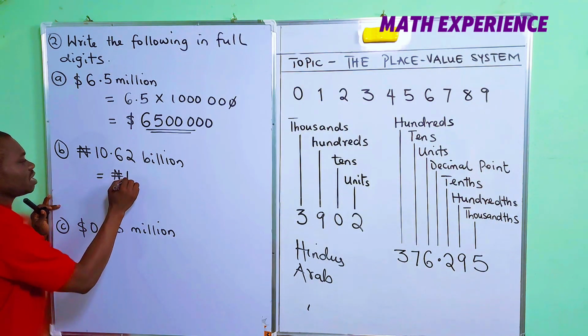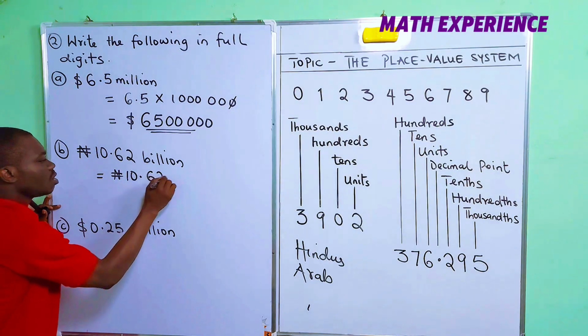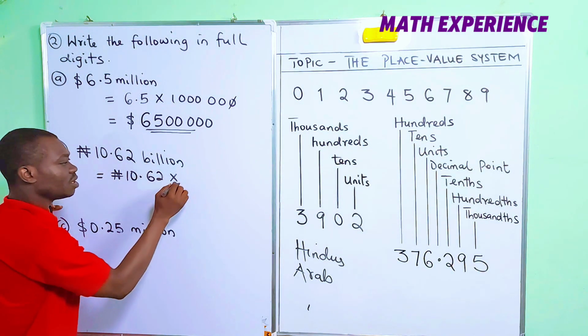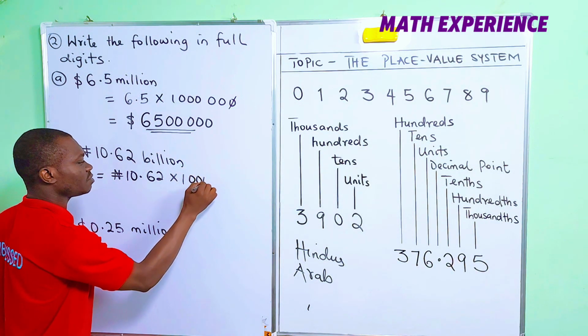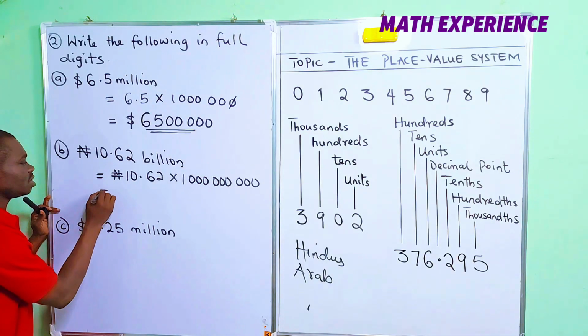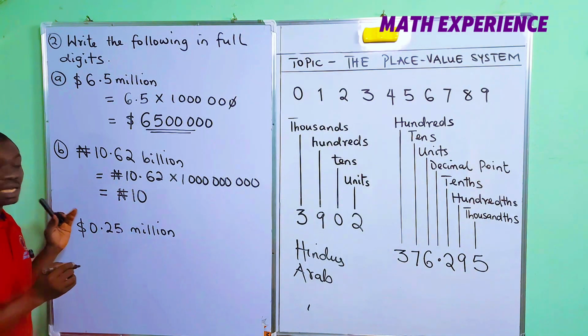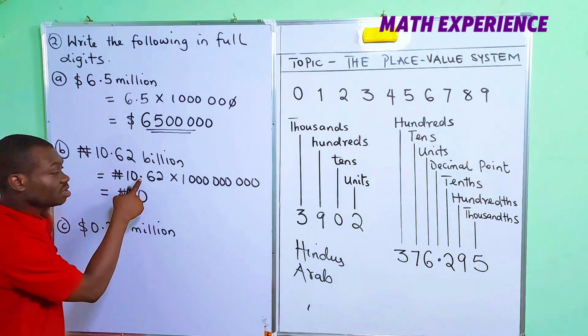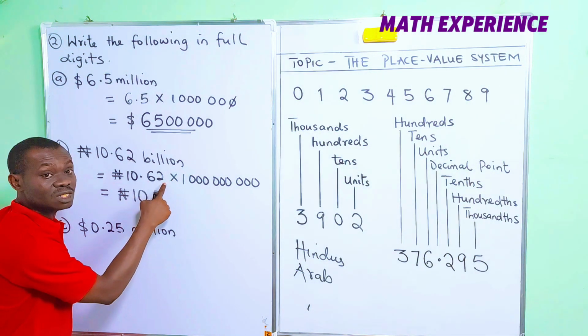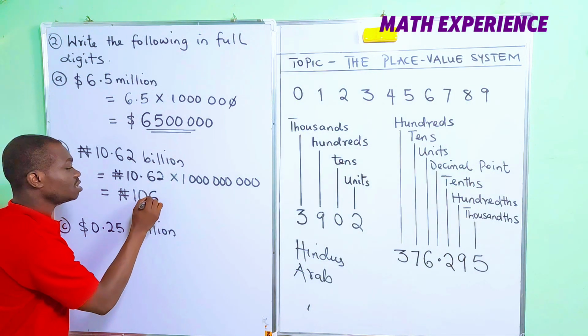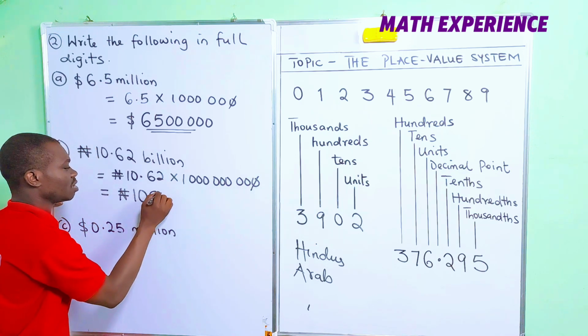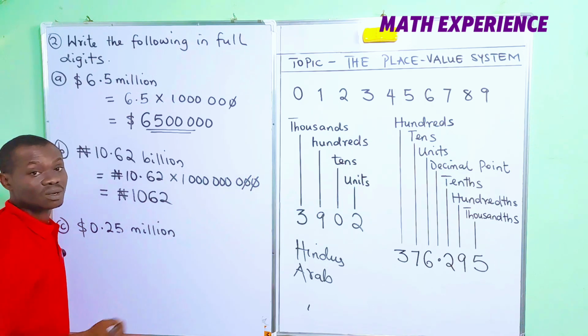So this one is 10.62 multiplied by 1 billion, which is 9 zeros. So I'll do the same thing, bring down my naira and then bring down my 10. Now the point will go, but remember that there are two digits here. So the first digit will cancel 1 zero, the second digit will cancel the second zero, okay?